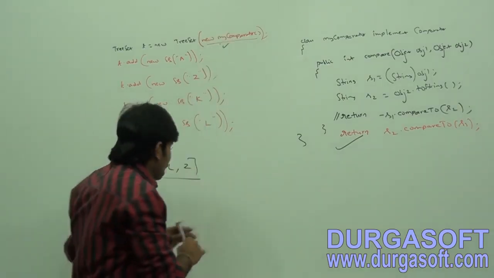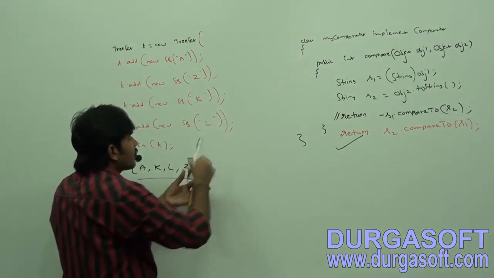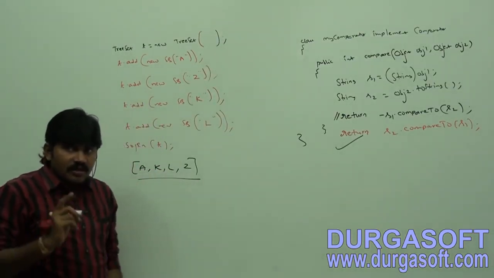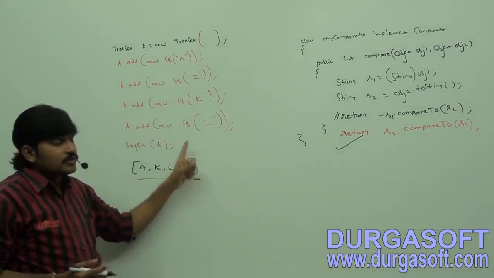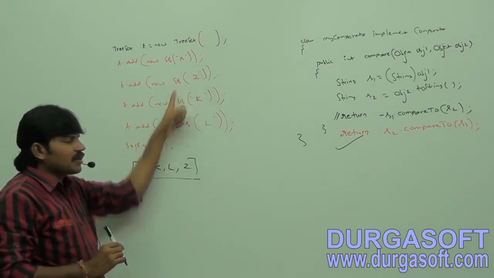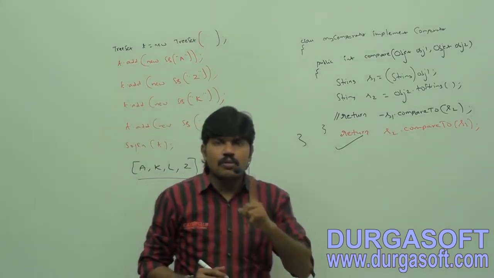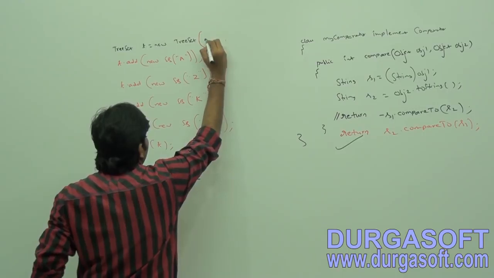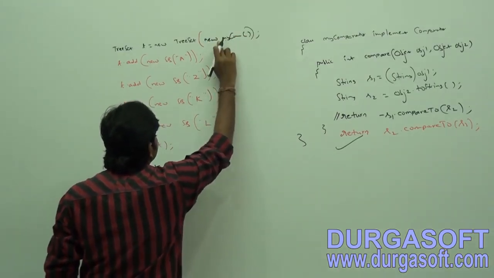If we remove comparator object, what will happen? Immediately ClassCastException, because for the StringBuffer default natural sorting is not there. Because StringBuffer objects are not comparable, that's why immediately ClassCastException we are getting. Compulsory for the StringBuffer we should go for what? Comparator only. Now I am taking new MyComparator.